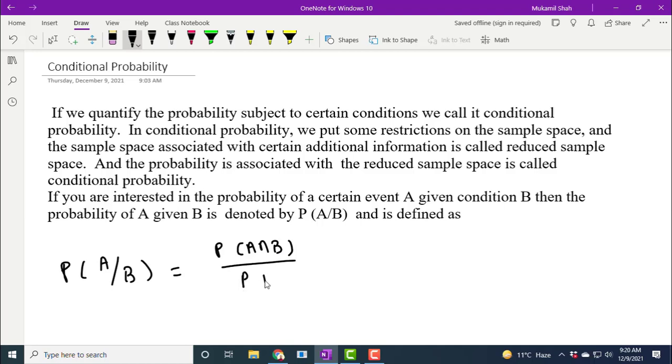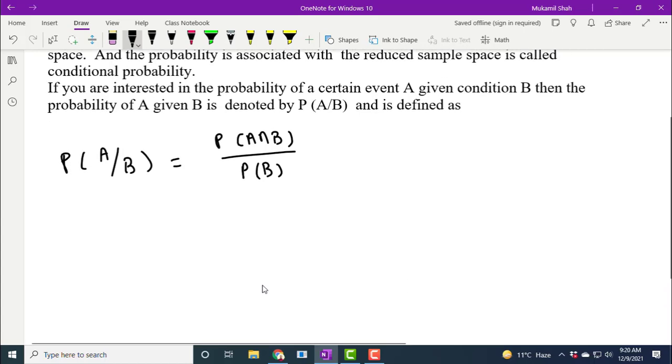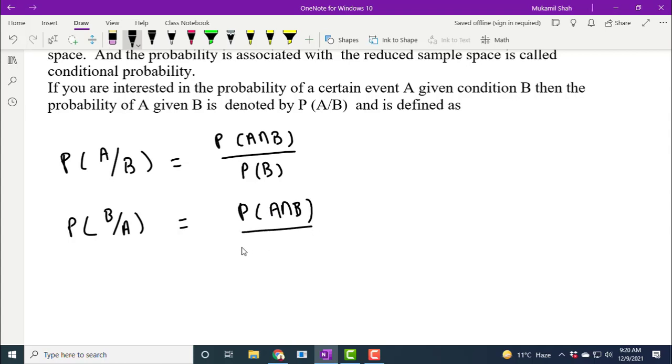The condition is B, so it is to be divided by probability of B. Similarly, if you are interested in the probability of B given condition A, then P(B|A) is equal to probability of A intersection B in the numerator as it is, and this time the condition is A, so it should be divided by the probability of A. So this is the equation which is used to quantify conditional probability.